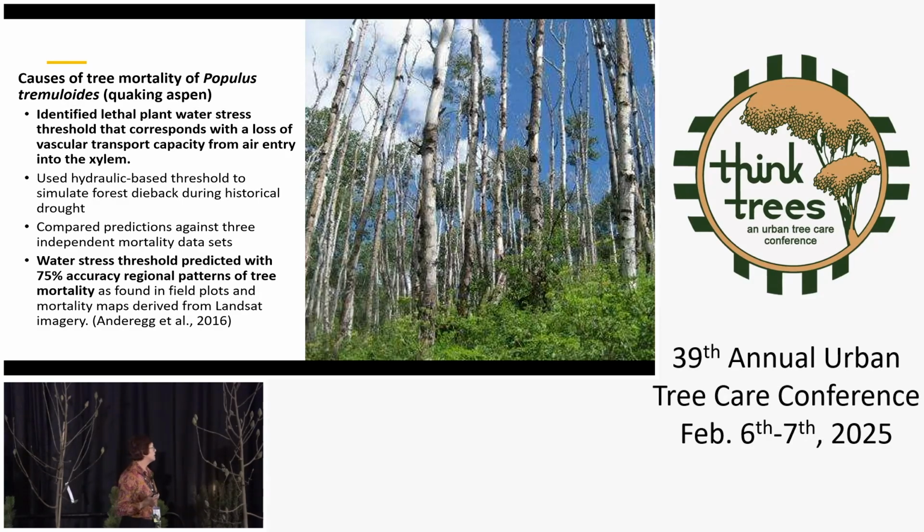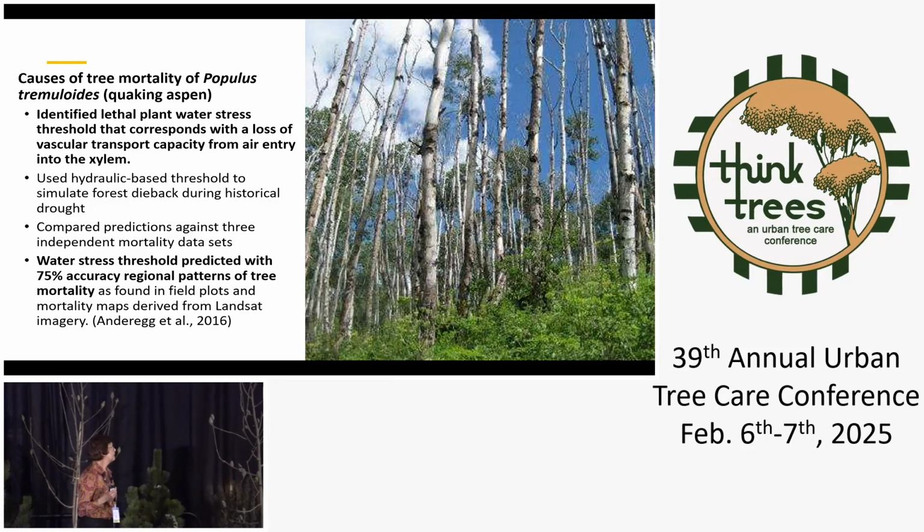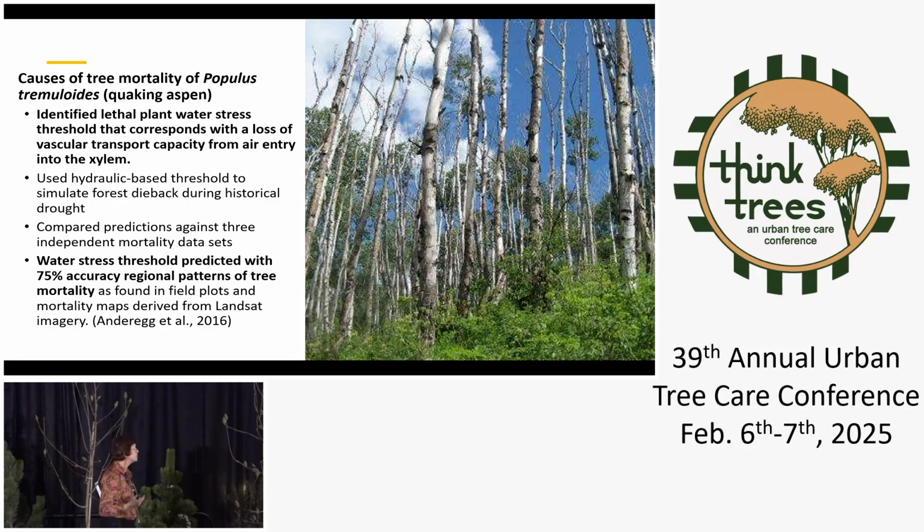And what the researchers found is they identified a plant water stress threshold that corresponds with the loss of the vascular transport capacity. So essentially, they figured out for these aspen, what is the water potential when cavitation occurs? And then they found out that this threshold predicted with 75% accuracy the regional patterns of tree mortality.